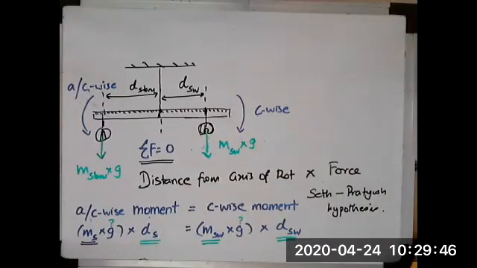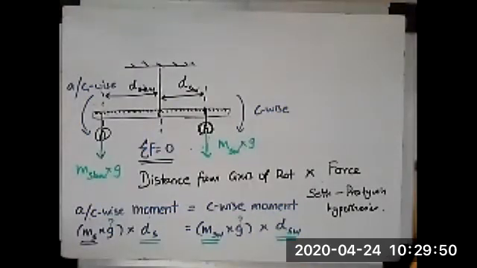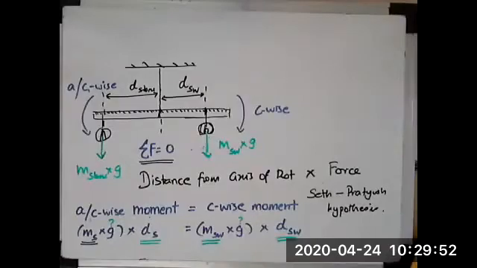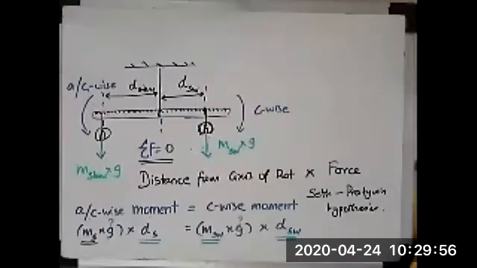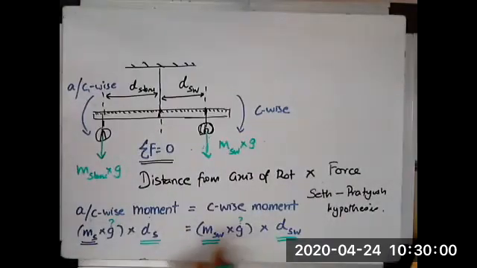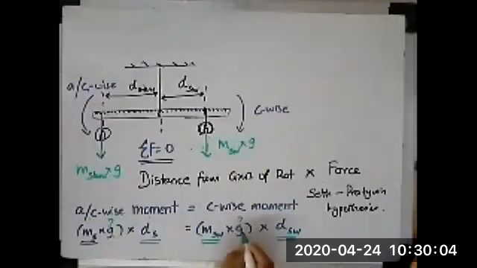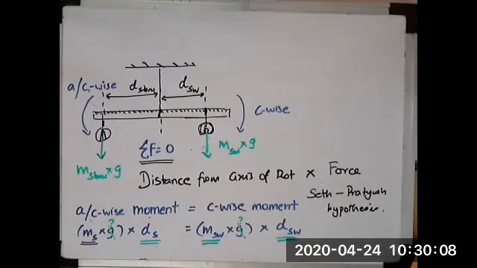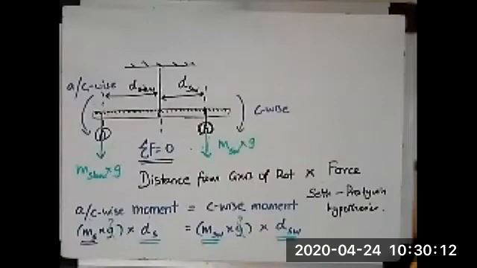No reply to that? I think you can cancel G's from both sides, so it's not important. Yeah, thanks, Ratul. So the reason why G doesn't really matter is because there's one G on either side of the equation. They are all products, so therefore you can just leave G out of the equation. The gravitational constant is the same on both sides. You're not comparing something on Earth to something on Jupiter, so it doesn't matter.